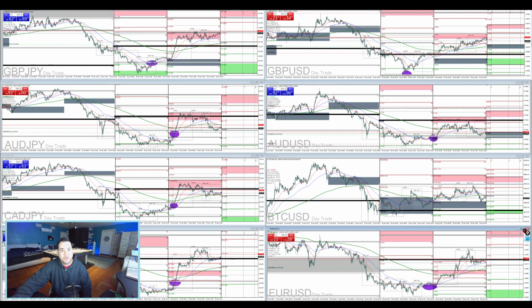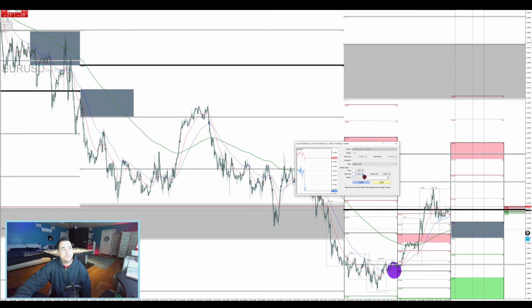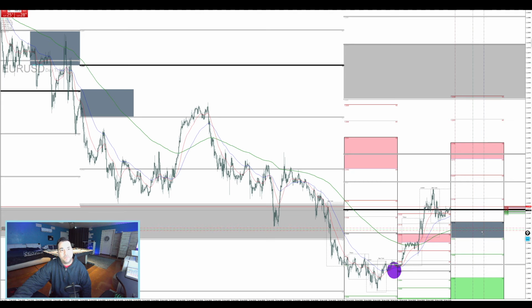And up next is going to be my euro. All right, let's drop the stop right below my support. And this seems to be, let's go ahead and take a look at the euro.